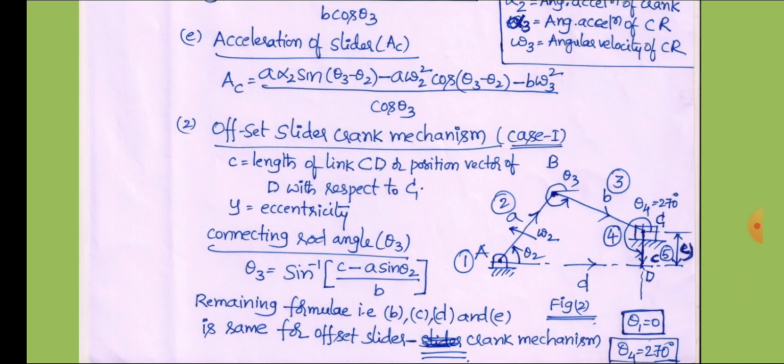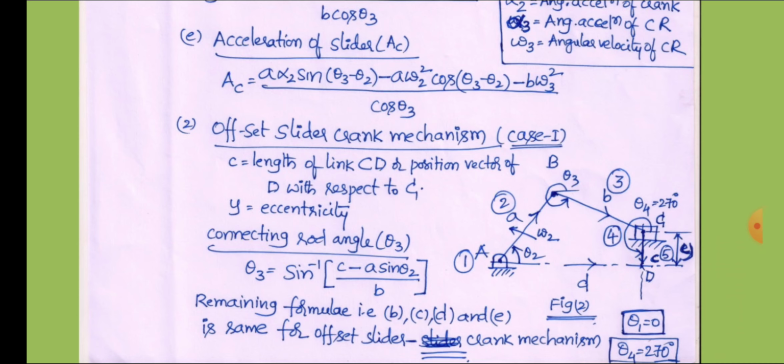So c is the length of the link CD, or the position vector of the point D, and y is the eccentricity. But remember, the length of the link CD and the eccentricity are one and the same. So c is equal to y, because the distance from the reference line, that is the eccentricity y, is equal to the length of the link CD.